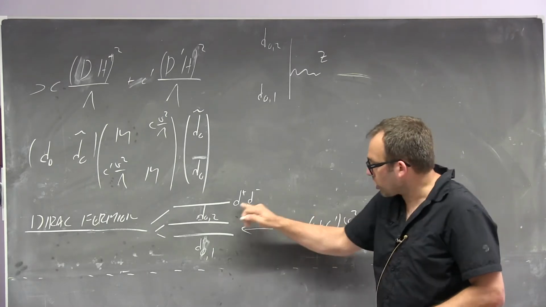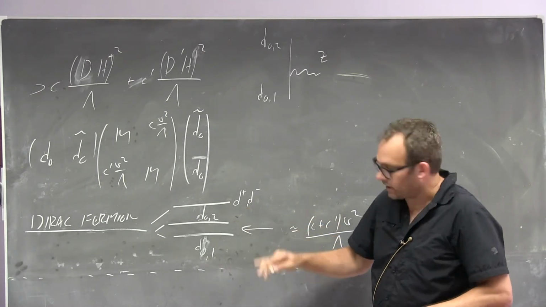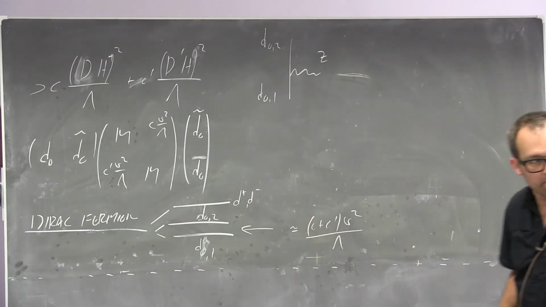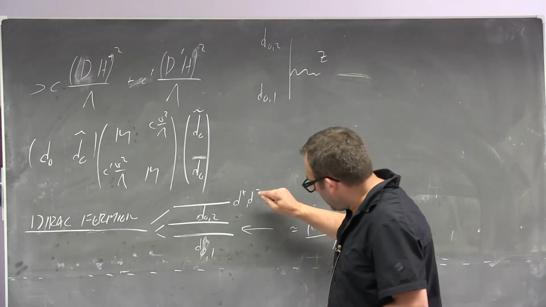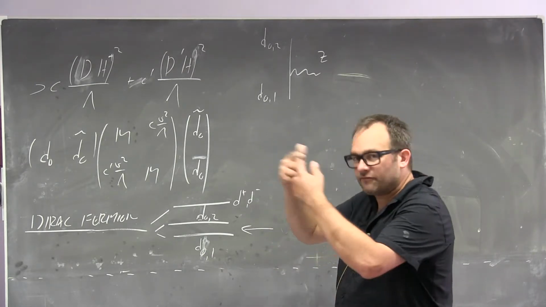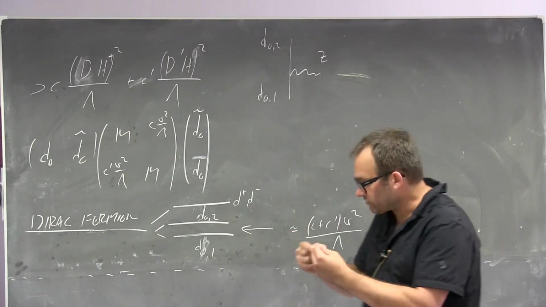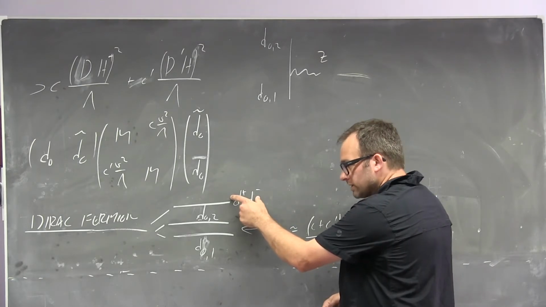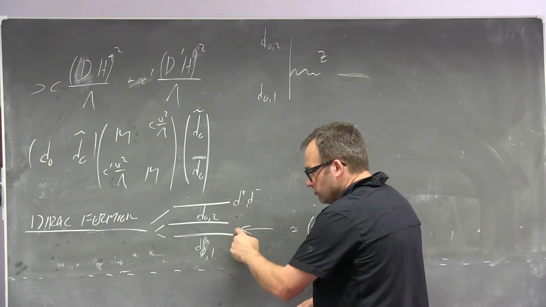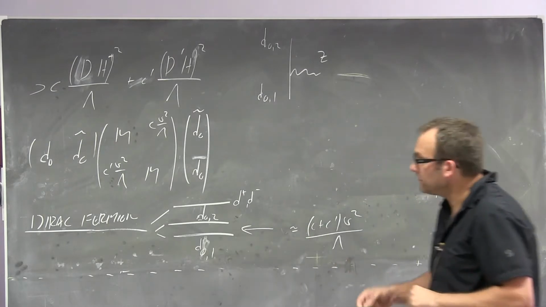And of course, they're charged, so it still has to be a Dirac fermion that marries them off, right? So after electroweak symmetry breaking, the spectrum of the theory is a single charged state and then two neutral states split by this amount.